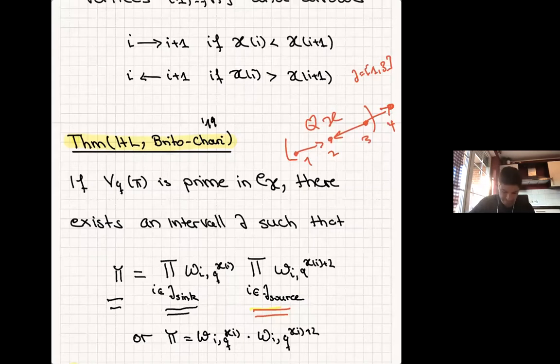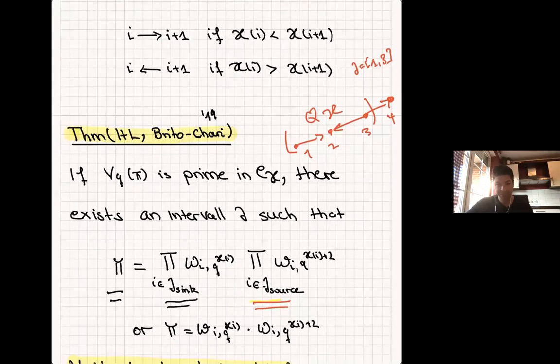So this is what I mean by J sink and J source. Or there's one exception, which corresponds to the frozen variables, namely when π is exactly of that form, and this is a minimal affinization. So, for example, for sl_{m+1} or U_q(sl_{m+1}), this is just 2ω_i. For the frozen variables, one does really know how the structure is.